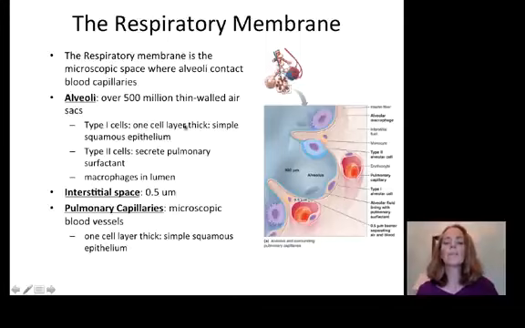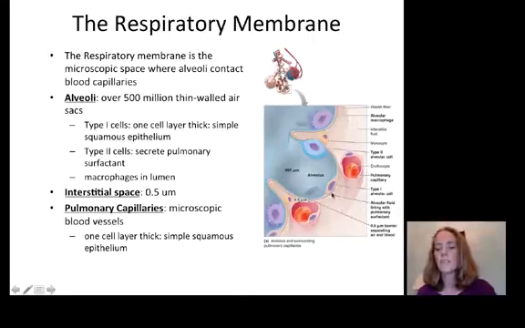So we have a respiratory membrane that is very, very thin and has some specialized structures to allow this gas exchange to happen. If we zoom in on the air sacs here, you'll see this is the inside of the air sac, which is blue. We've got a couple of air sacs here. So there's a single alveoli, or an alveolus.